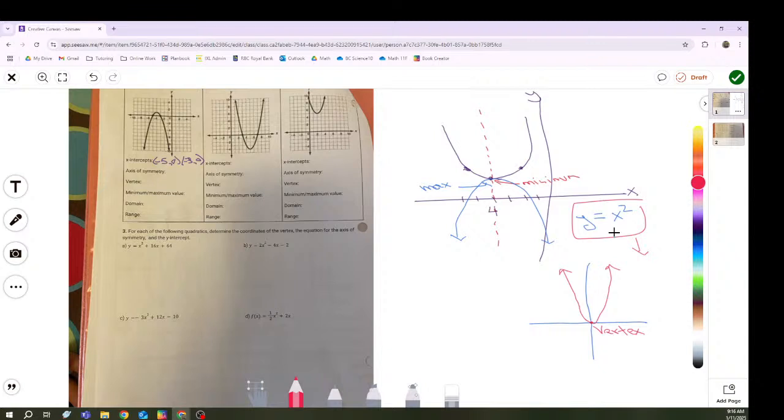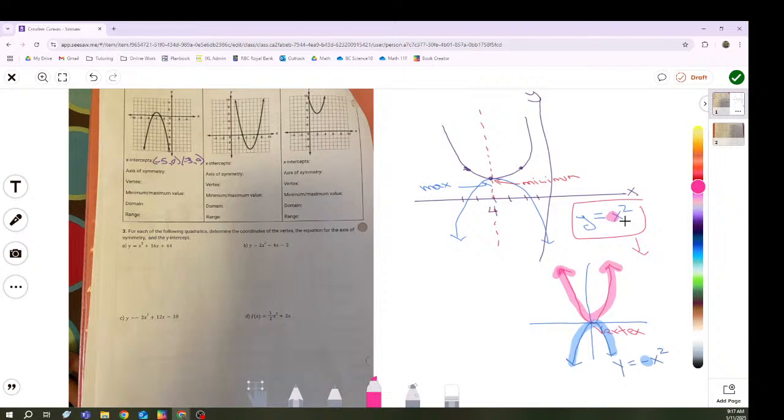If you get a positive, like there's no number so we know it's positive, then it's going to be opening up. Any positive x squared parabola has a minimum, any negative x squared parabola opening down has a maximum, because all the numbers get smaller.